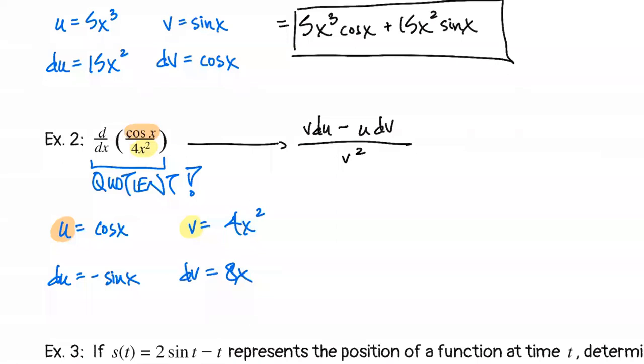All right, so now that we have our setup, let's plug everything into the rule. And again, I'm not super picky about the simplification. More so, did we identify the correct rule and did we set things up properly?